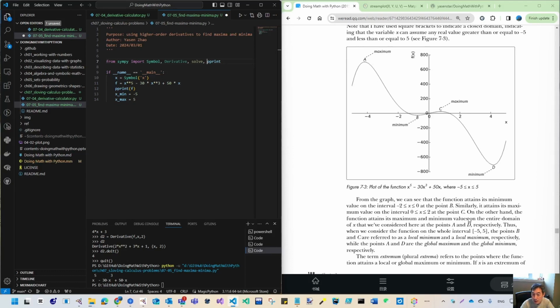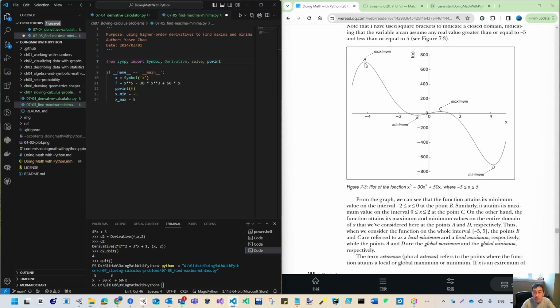A and C are local maxima, and B and D are local minima. But what we want to find is, A is definitely higher than C, and B, in absolute value, is lower than D.